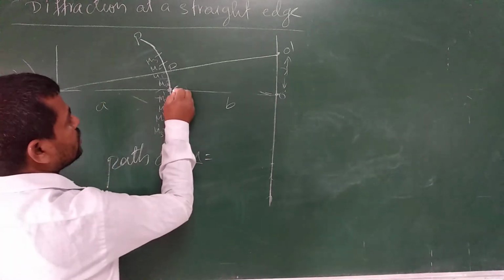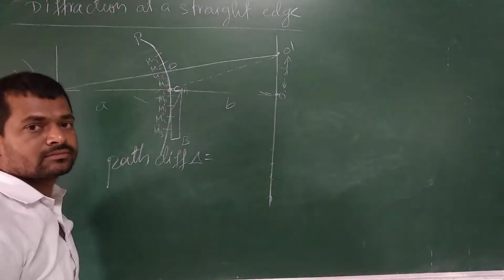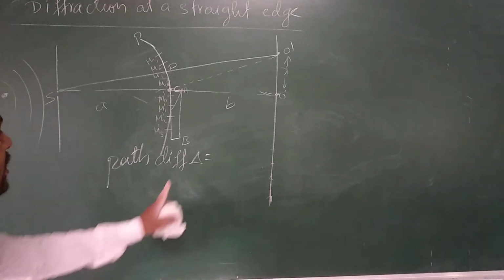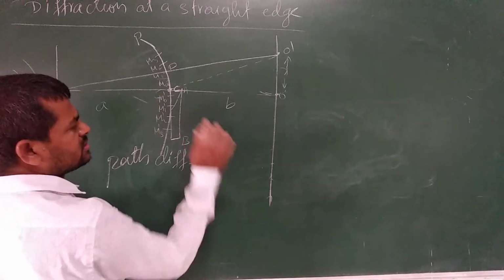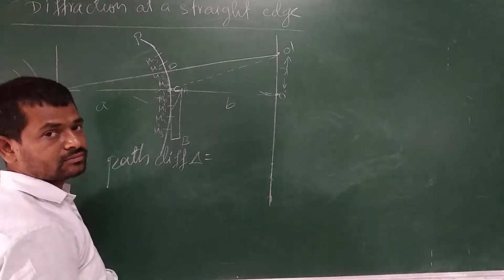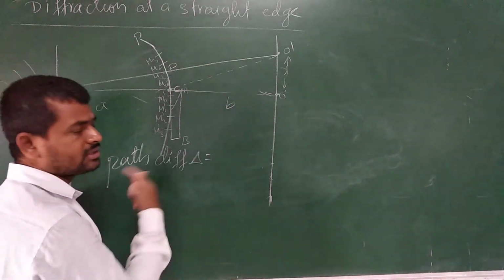Now draw one more line from C to O dash, like this. Now calculate the path difference. The path difference delta is equal to, generally this distance is greater than this distance, so the difference, this minus this, gives the path difference.